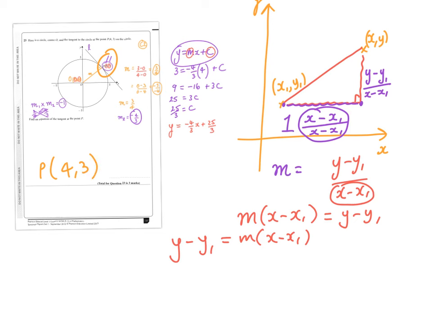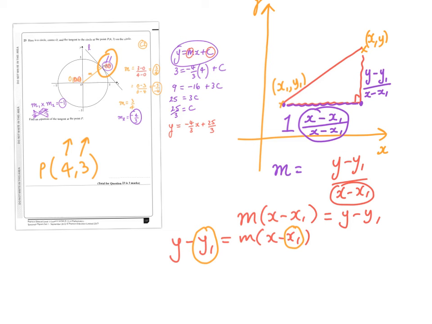So we know that our x value here is going to be 4 and our y value is 3, but we want to find a formula for any x and any y. So our x1 value is going to be 4 and our y1 value is going to be 3, because that will leave us with a y and an x, i.e. any x and any y. And look, we know this value of m also.